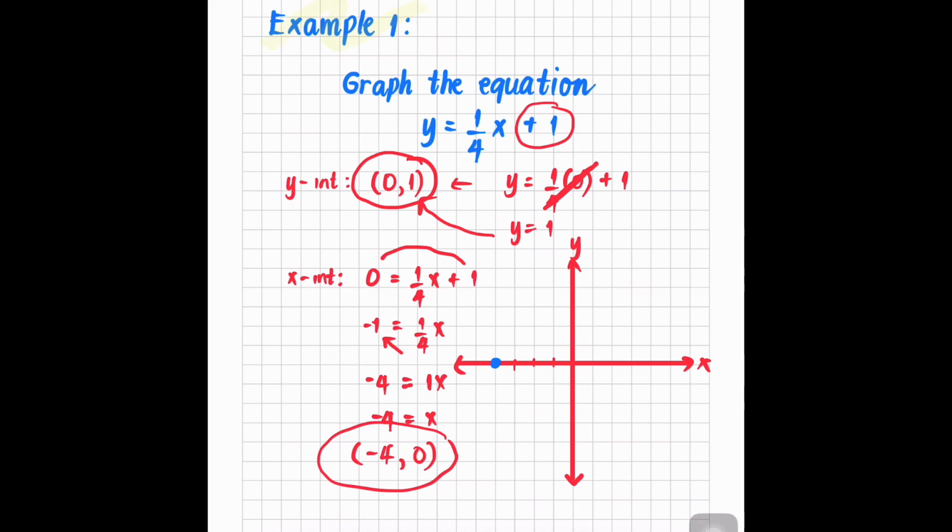So 0, comma 1 is here. After plotting the two points, simply connect them. That is the graph of the given equation, y equals 1 over 4x plus 1.